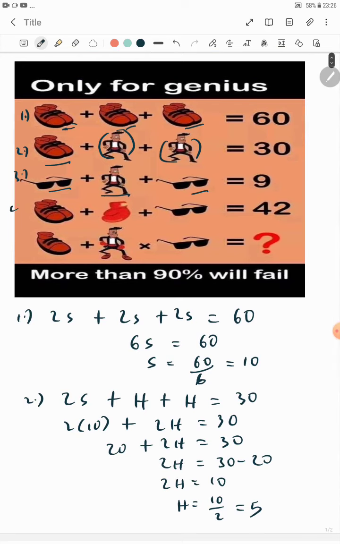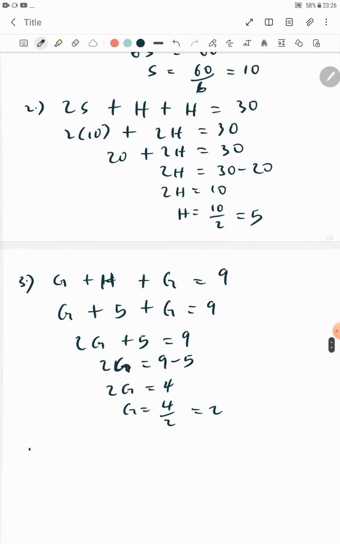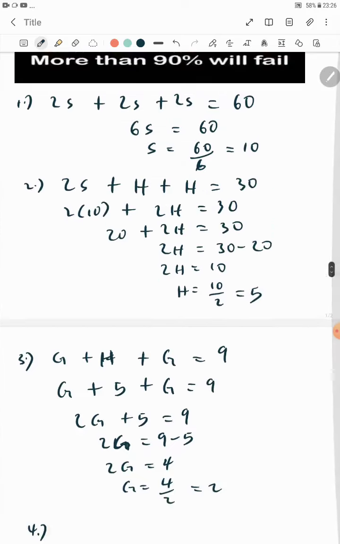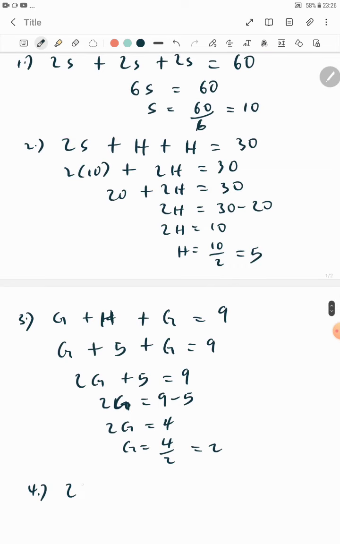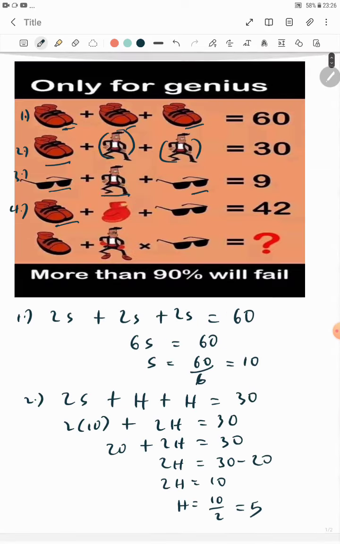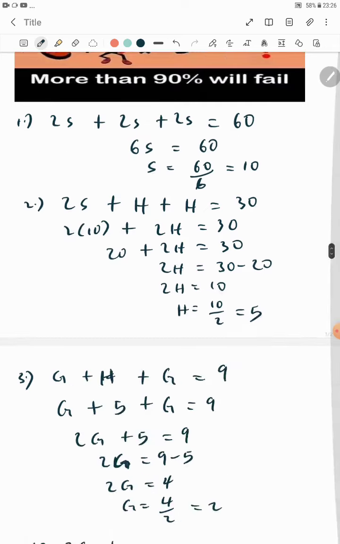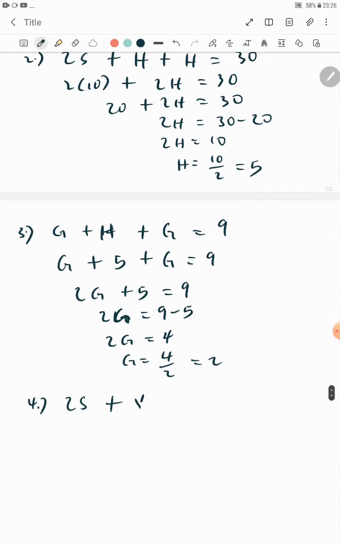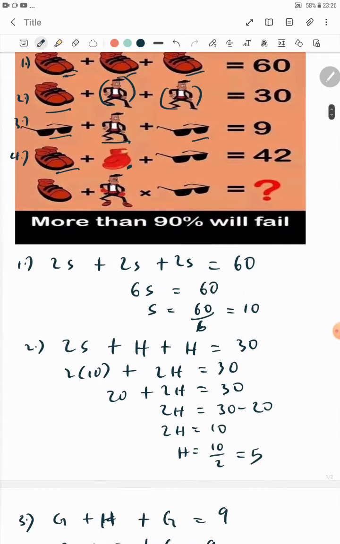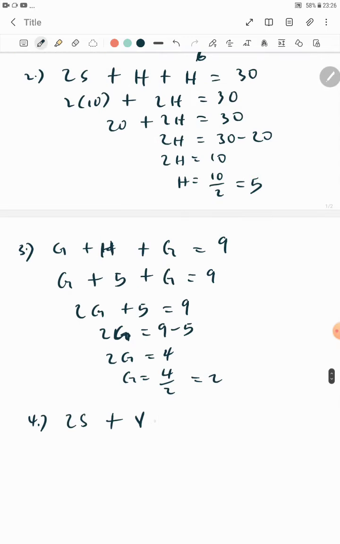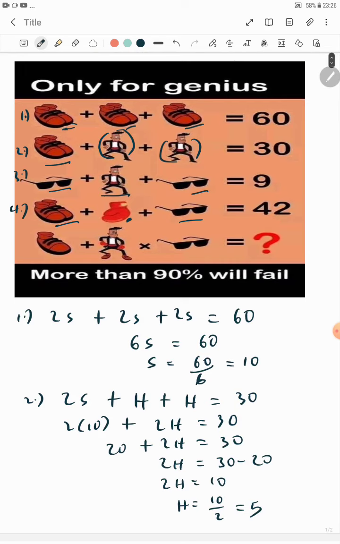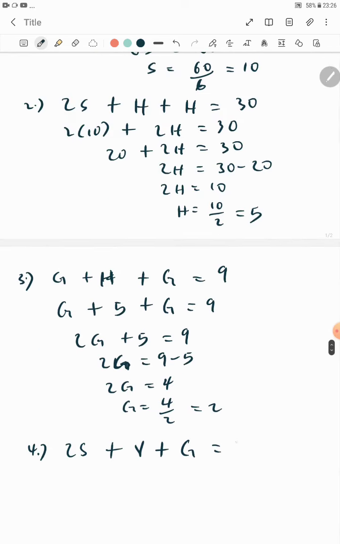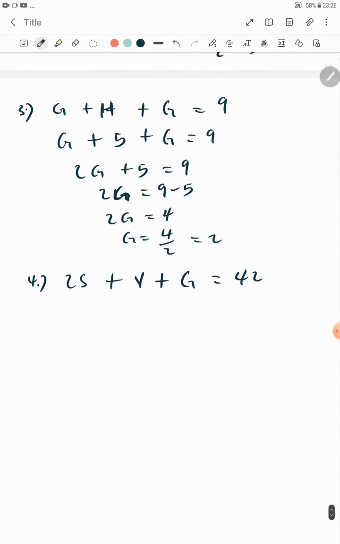So let's analyze the fourth one also now. The fourth one will give us a pair of shoes, that's 2S plus this hand glove. Let's use V for the hand glove, just one hand glove, plus one Google, which is G, equals 42. Now we want to know the value of the hand glove here.